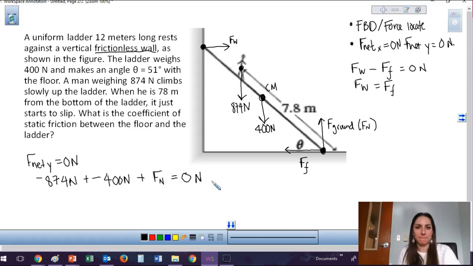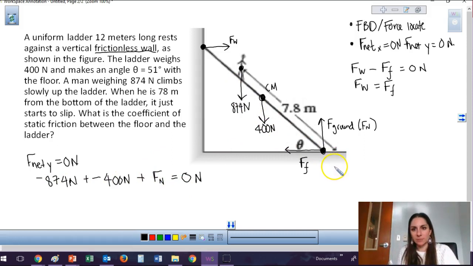Just like that. And that is officially our case, because there's no other components here. So what we find is we can find the normal force because we have that value right here. The normal force is going to equal the sum of these forces, which is good.